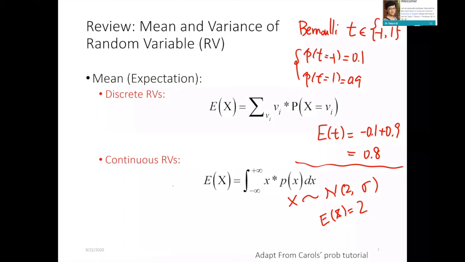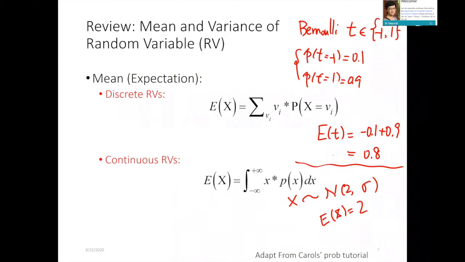And then how do you calculate the expectation of this Bernoulli random variable? Very simple. This is exactly what I showed there. The expectation of this random Bernoulli variable T is the summation of its values. Assuming its tail value is -1, I put -1 there, with its probability 0.1.